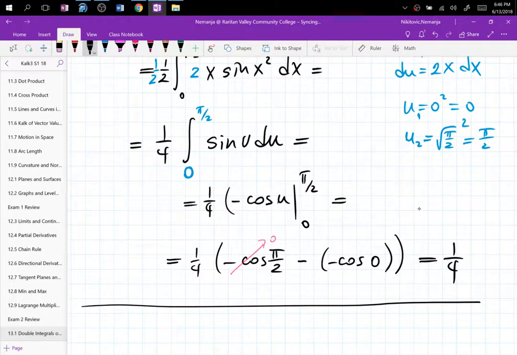Cosine of pi over 2 is 0. Cosine of 0 is 1. Negative and negative is positive, so the entire parenthesis is just positive 1. 1/4 times 1 is 1/4, so the answer is 1/4.